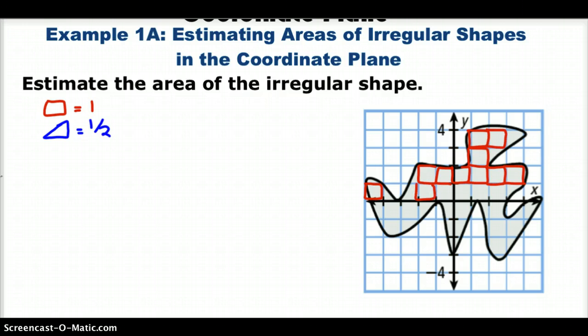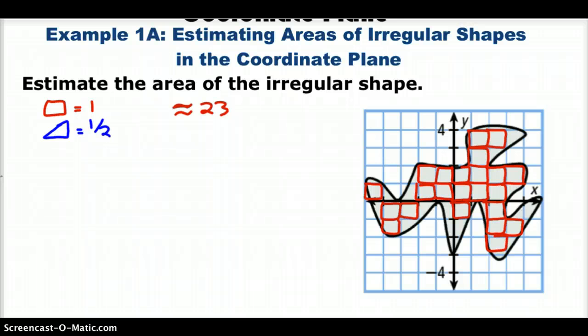Let's say this is 11, 12, 13, 14, 15, 16, 17, 18, 19, 20, 21, it's almost a whole one, 22, 23. That looks pretty good. Again, this is not going to be perfect, it's an estimate, but I'm going to say we had about 23 entire squares there.